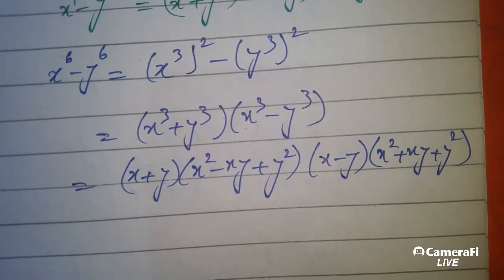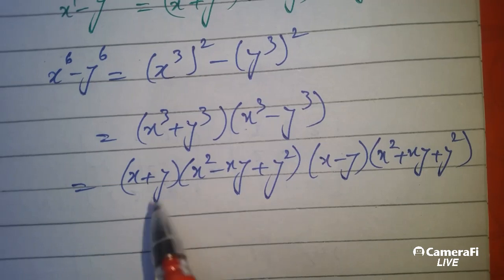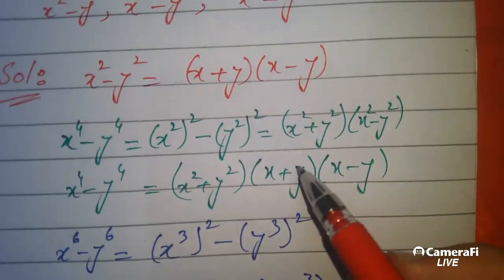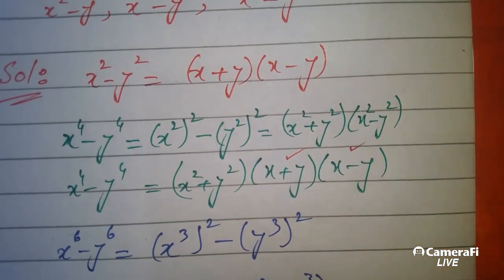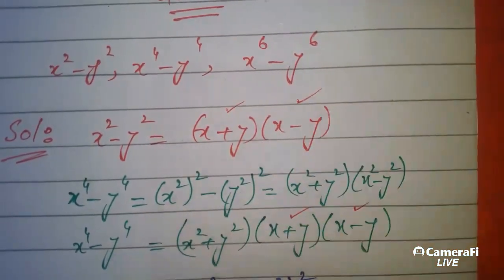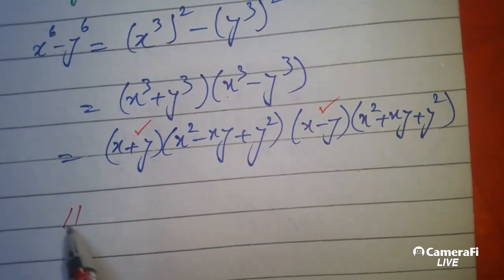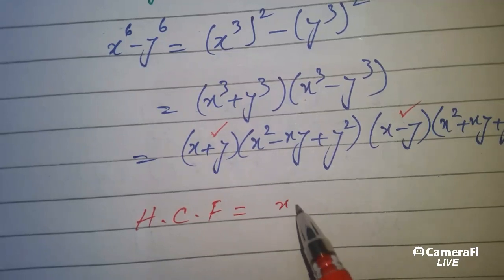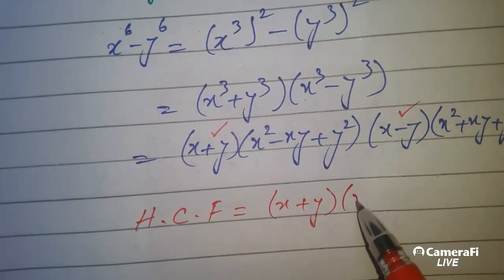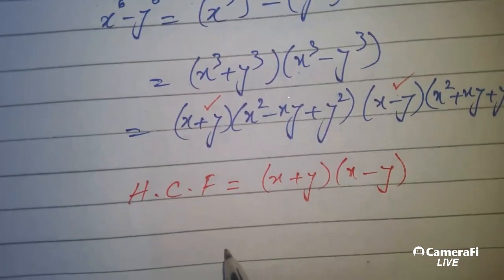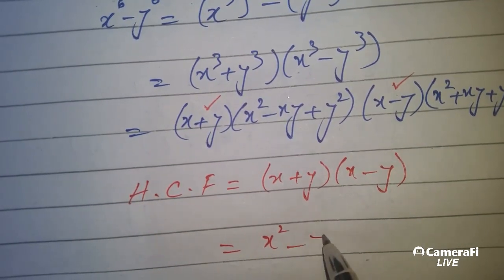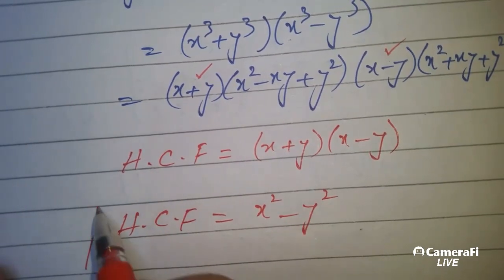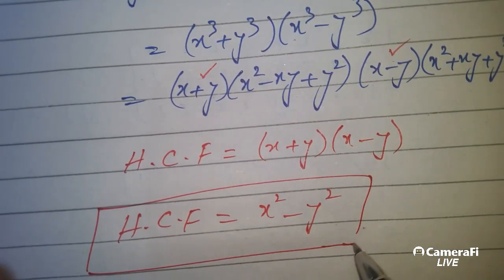So what is common here? x plus y and x minus y, x plus y and x minus y, x plus y and x minus y. So the HCF that I see is x plus y into x minus y, which can be written as x square minus y square. So this is the highest common factor.